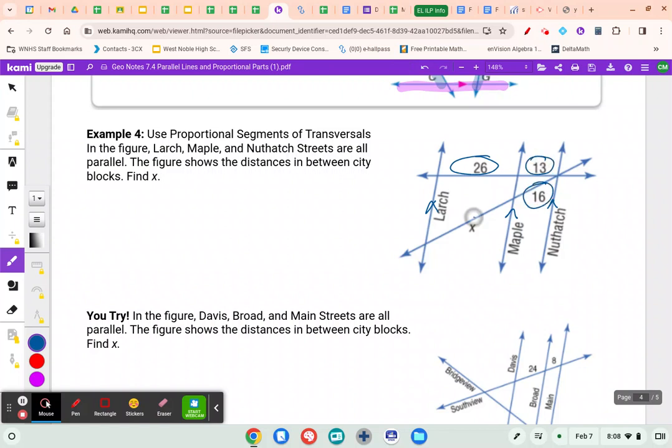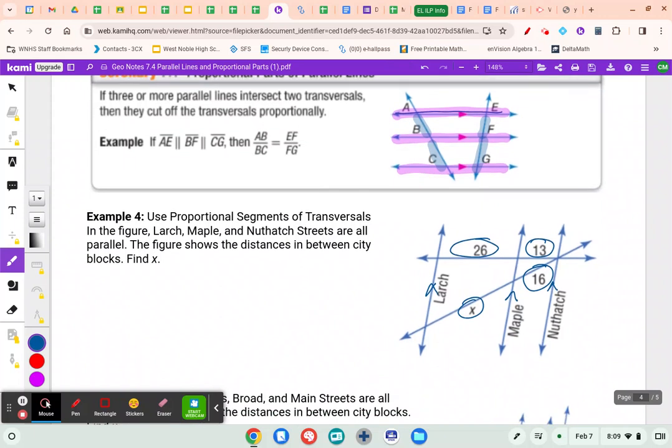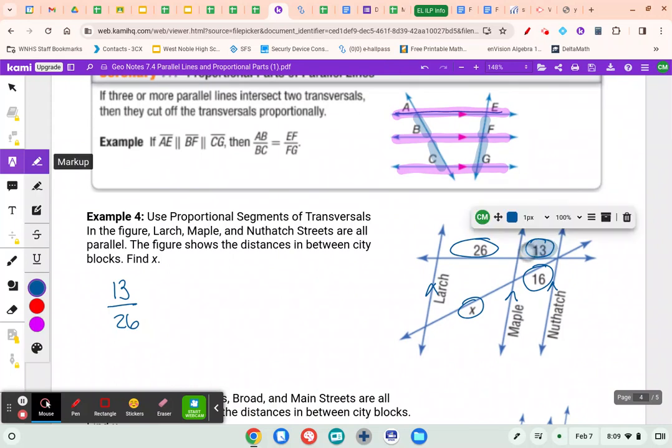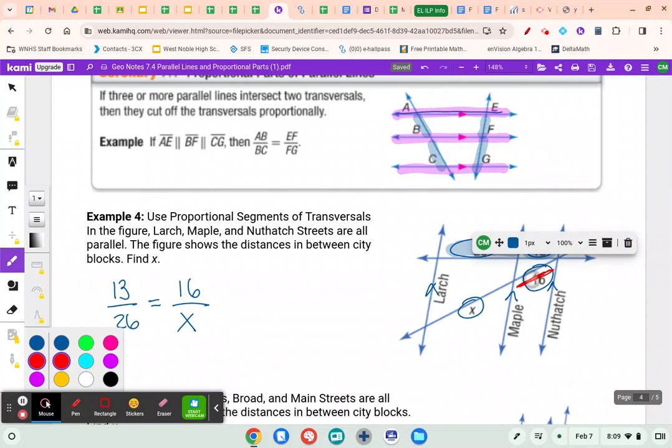We have 16 and we have X. We want to figure out the distance between Larch and Maple streets on this other road. So based on our corollary, we can take 13 over 26. You can just take the pairs here, and we equal that to 16 over X. Because I put 13 on top, 16 has to go on top on this other side.